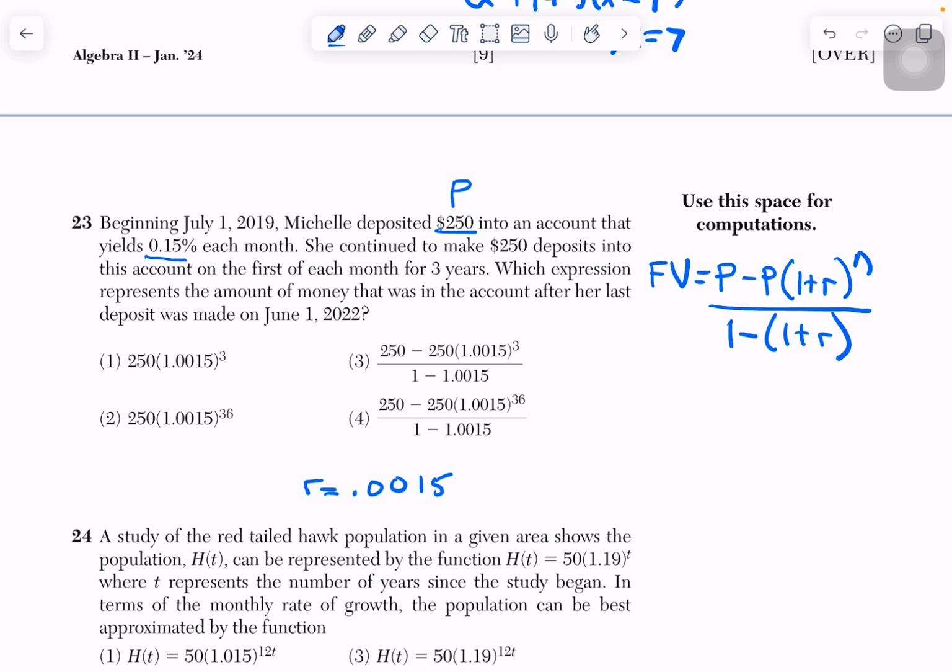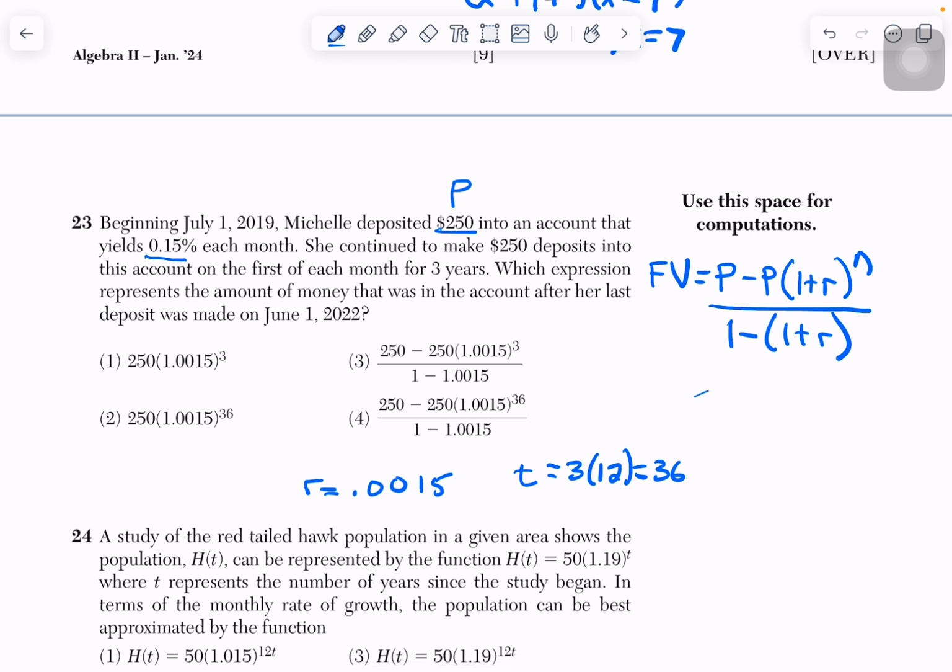Okay. So our time's going to be 3 times 12, which is 36.